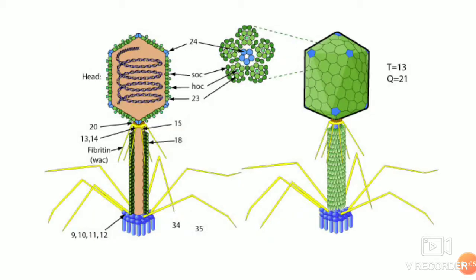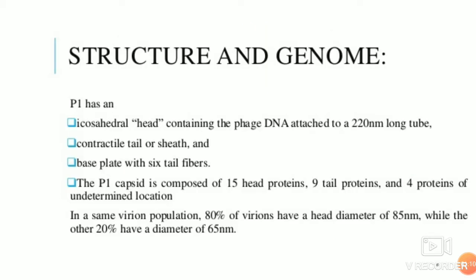The whole virion is 220 nanometer, and then there is a contractile tail or sheath attached to the icosahedral head. The tail end has a base plate with 6 tail fibrils.